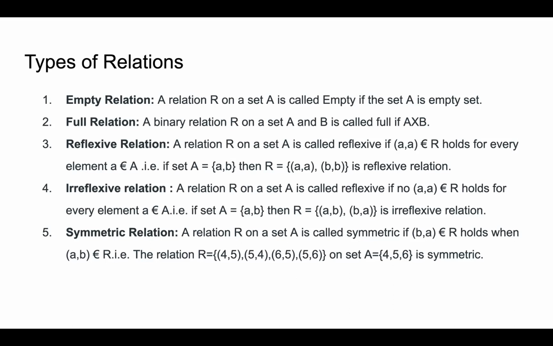If a belongs to capital A, and that set A is {a, b}, and I take a relation R as {(a, a), (b, b)}, then that relation will be a reflexive relation. If it is not there, then that relation is known as an irreflexive relation.